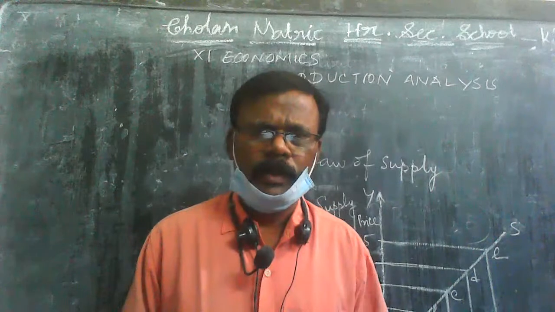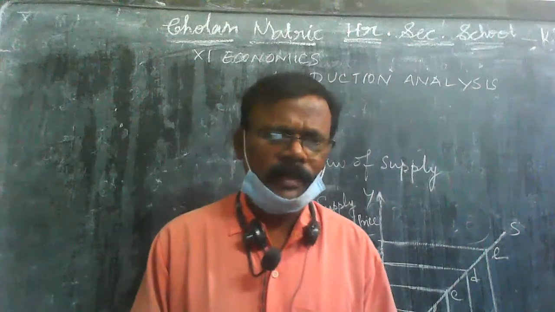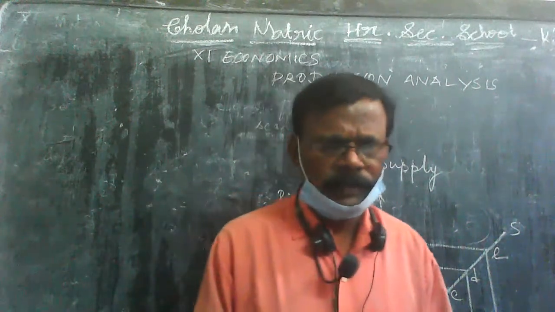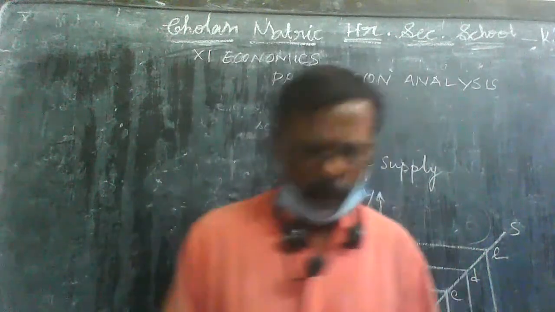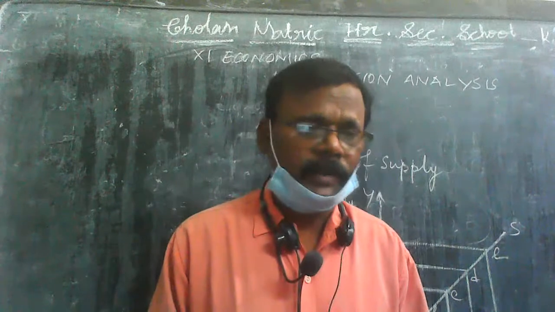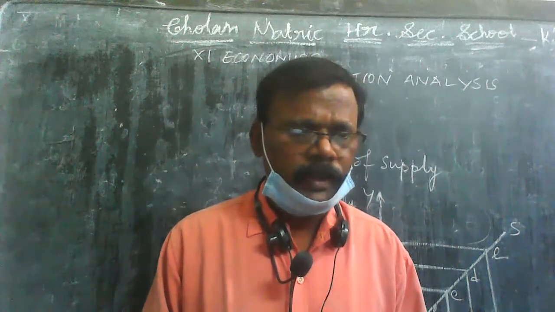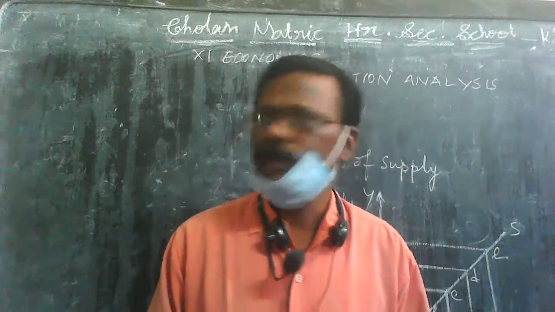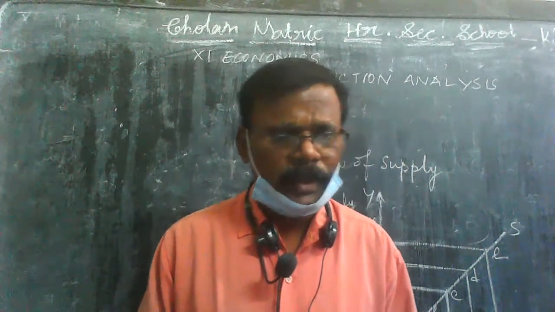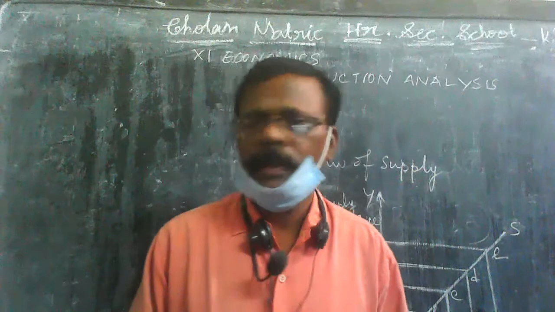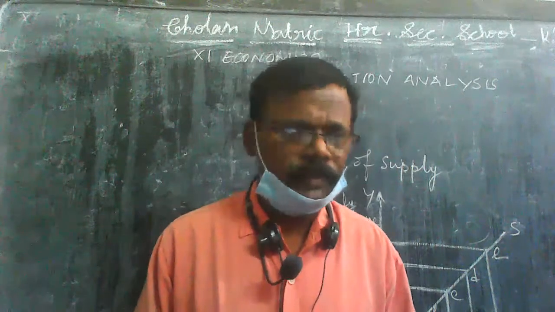Okay, so one is the price of the commodity. And next is the price of the factors of production. And next is the future expectation or price expectation. And next is technology. Then natural factors.